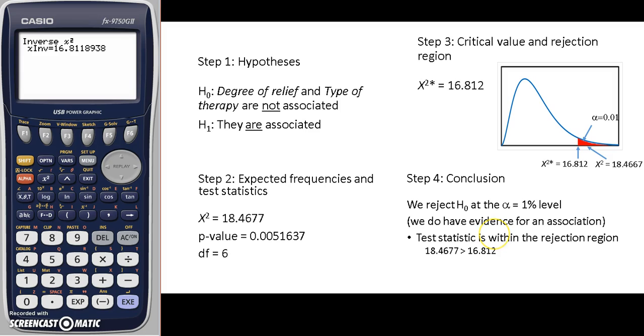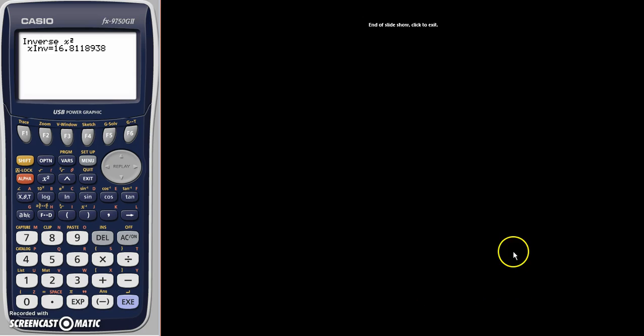So 18.4667 was greater than 16.812. The other piece of evidence was that the p-value was less than alpha. So 0.005167 was less than our alpha value of 0.01. Both of these pieces of evidence are consistent, and they always will be, and we can use either to make our decision.